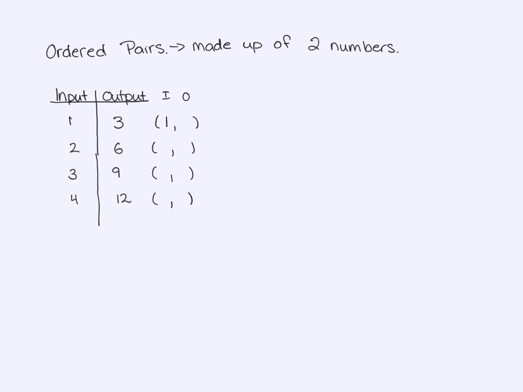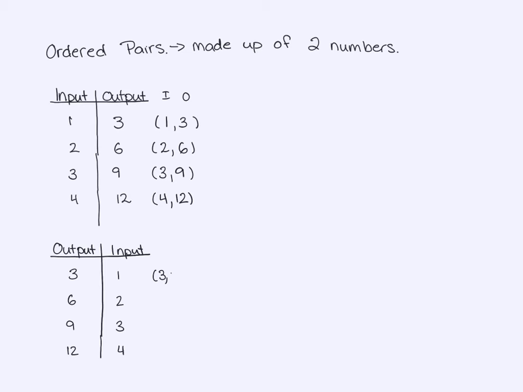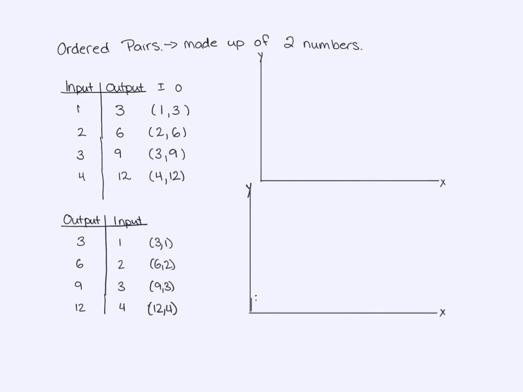So 1, 3, 2, 6, 3, 9, 4, 12. And I'm going to show you in a minute why this matters. So if we reverse our numbers, when we're writing our ordered pairs, they will come out in the opposite order. It'll still be the same numbers, but the order will have changed.